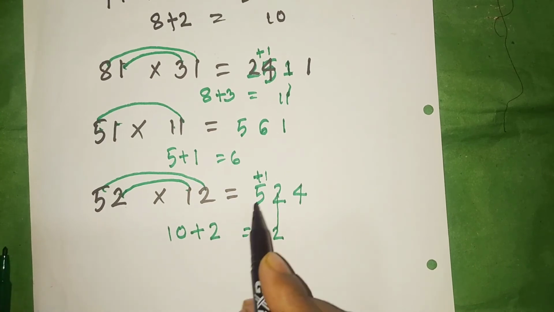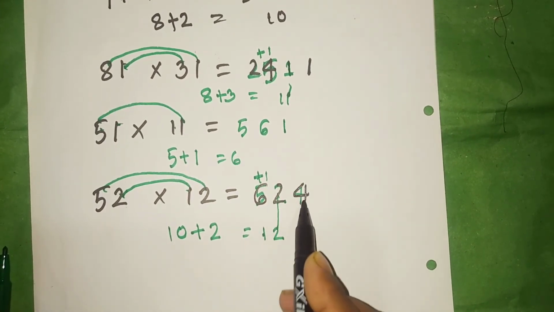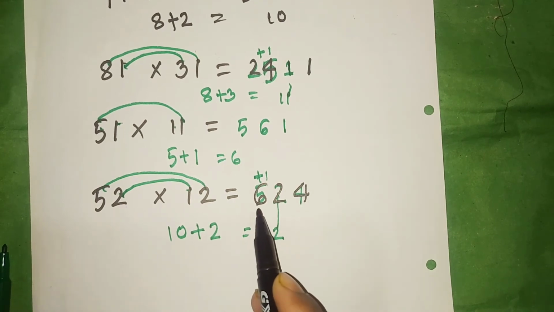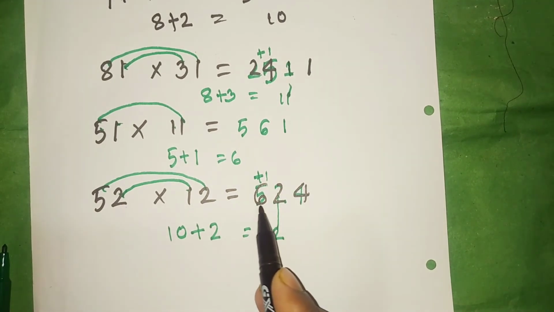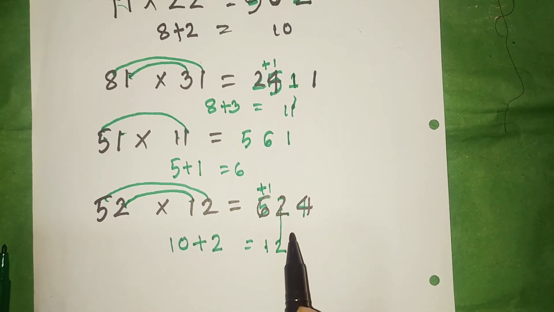Now we have 6 2 4, and now we get the answer 624. That is the answer. So we can solve it.